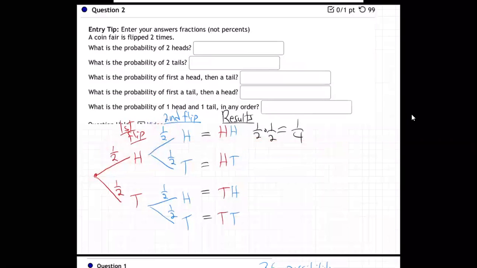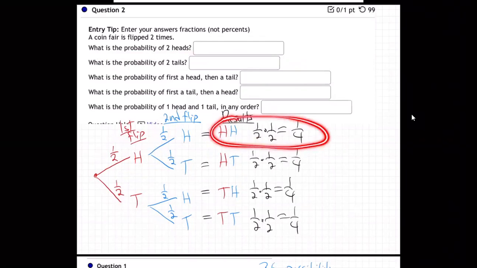So just as you move from left to right. The other ones are also going to be a half times a half, as you move from left to right through the tree. Half times a half.